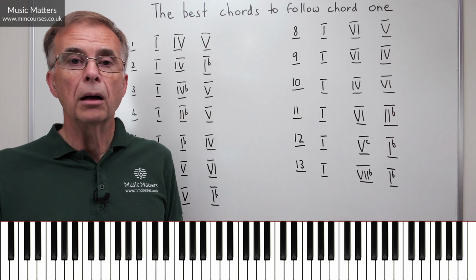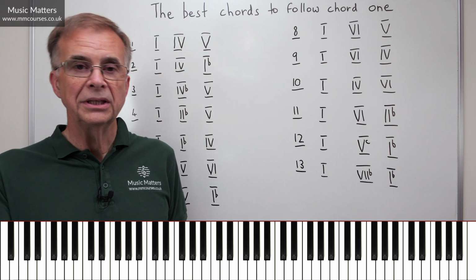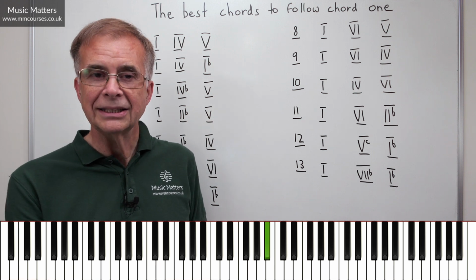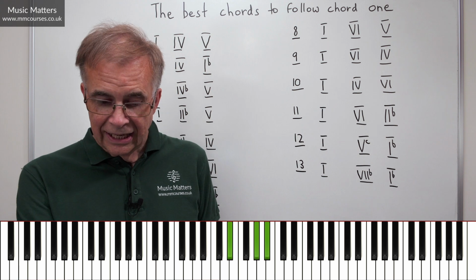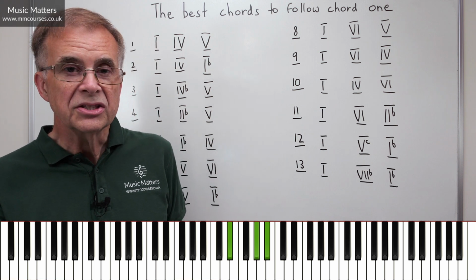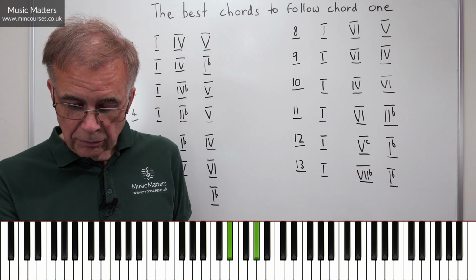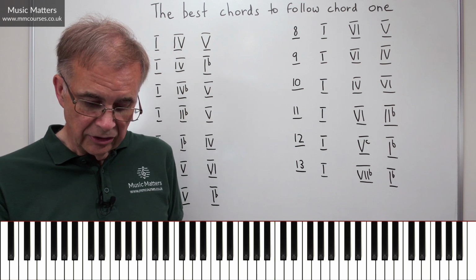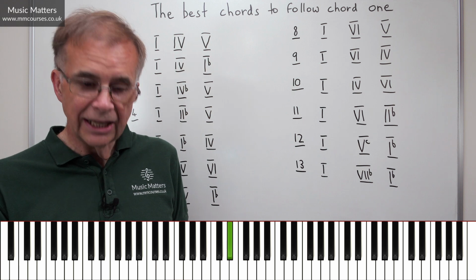Hence the title, harmonic minor scale, harmony, chords. So in C minor, we've got 3 flats. We've got B flat, E flat, and A flat. And in the harmonic minor scale, the 7th degree of the scale is raised. So B flat is raised to B natural. So in other words, in C minor, I'm going to use E flat and A flat.